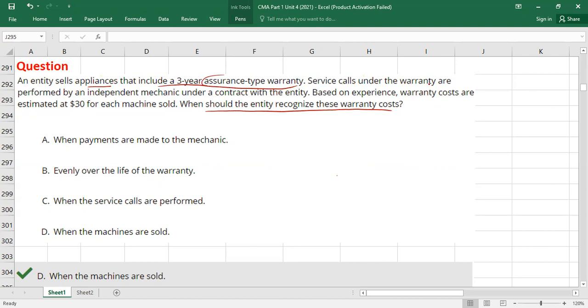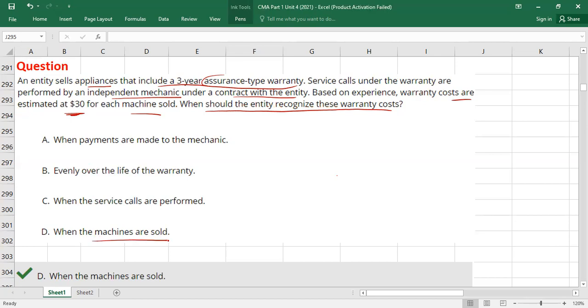Service calls under the warranty are performed by independent mechanics under contract with the entity. Based on experience, warranty costs are estimated at $30 for each machine sold. When should the entity recognize these warranty costs? When should it be recorded?